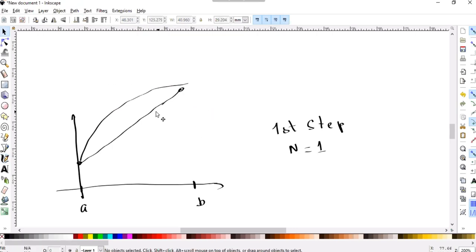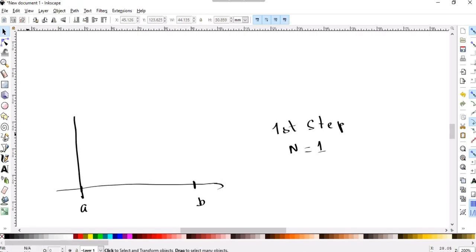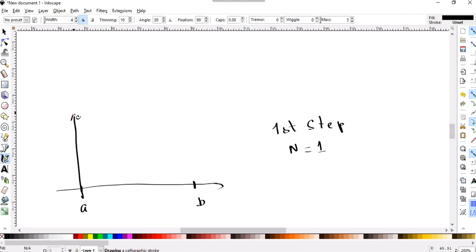At the first step, I just have this sub-interval AB.